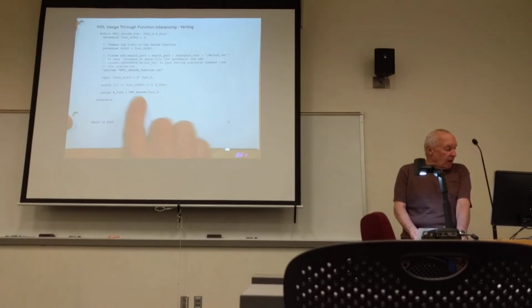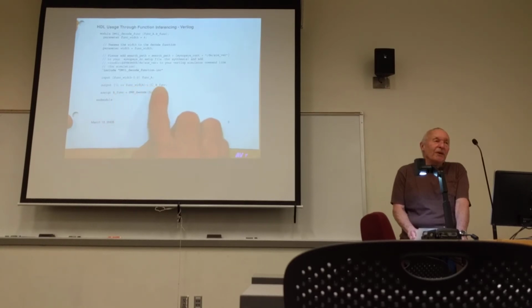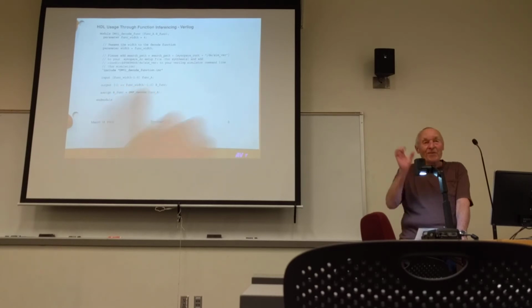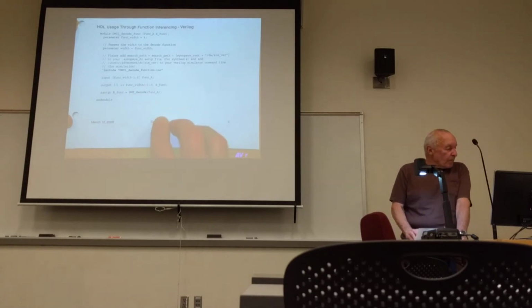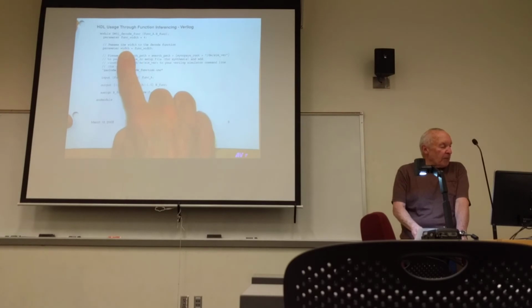So in here, I'm going to declare an input func_A, and that's the width, the output, and notice how they define the output here. 1 left shifted by func_width minus 1. That's the most significant bit. And they have a parameter statement up here which tells you what the func_width is.